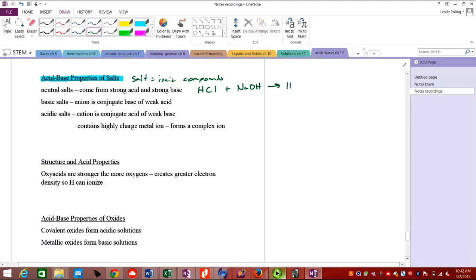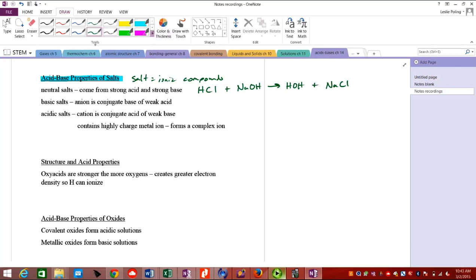So we get water and NaCl, and it's neutral. But we could get basic salts or acidic salts. You have to look at the salt and decide, what did the pieces come from?